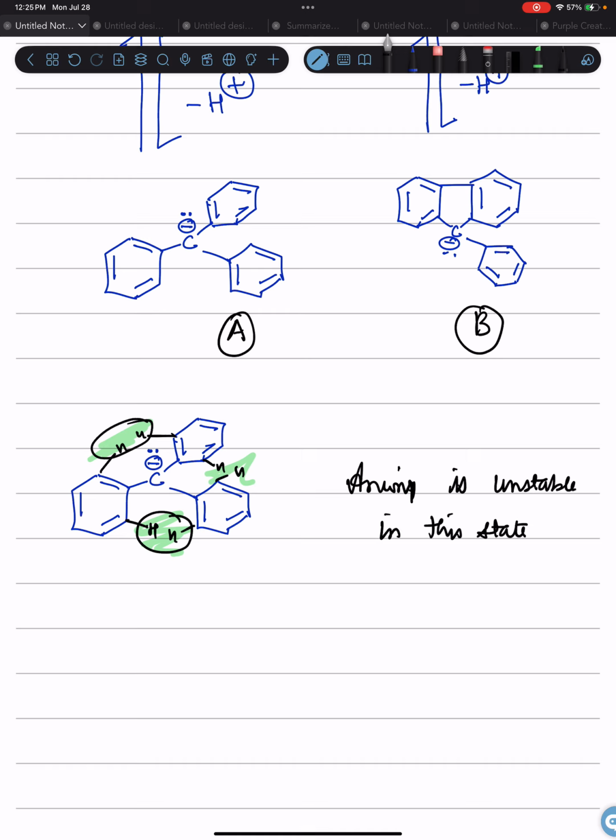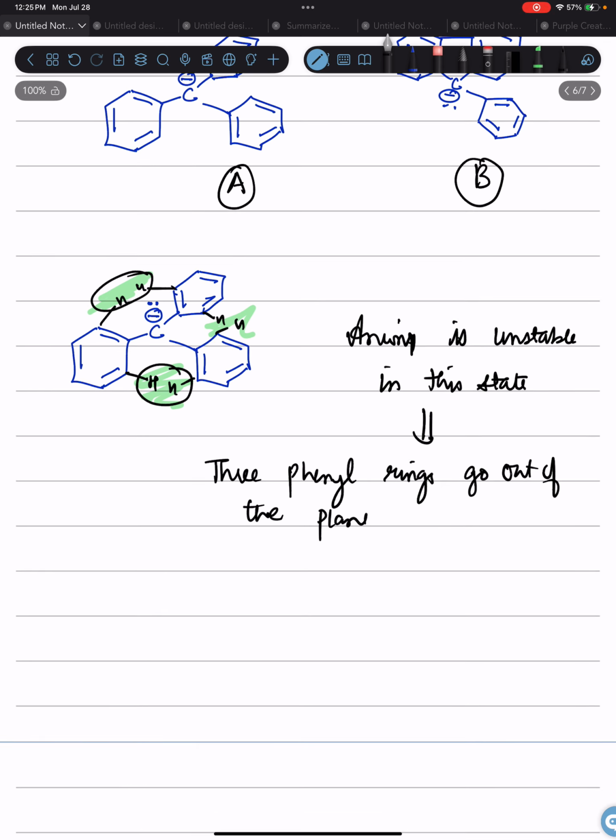So what happens is that these 3 phenyl rings go out of the plane, losing the coplanarity. Otherwise the lone pair can be in conjugation with the ring, so there is lots of delocalization, but that delocalization gets hampered to a certain extent.